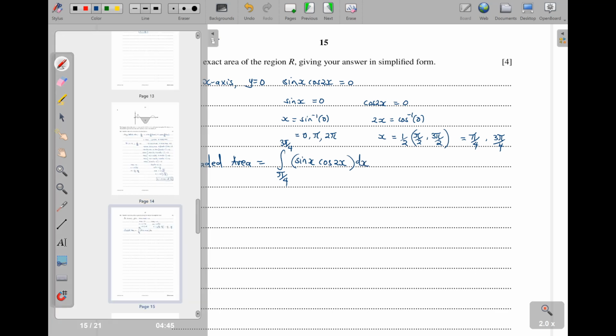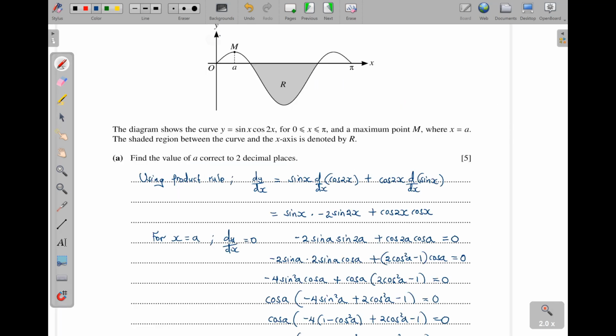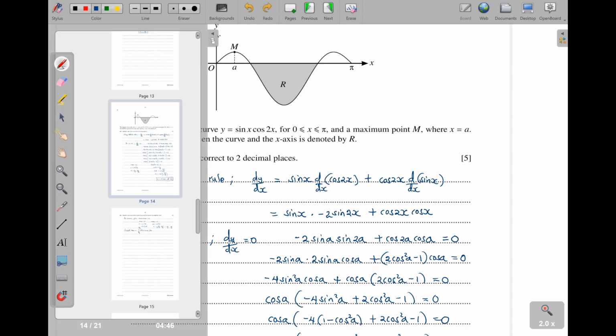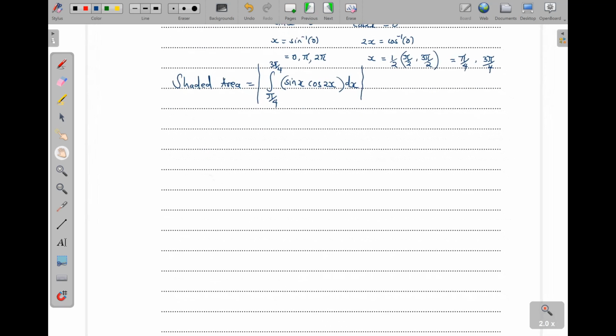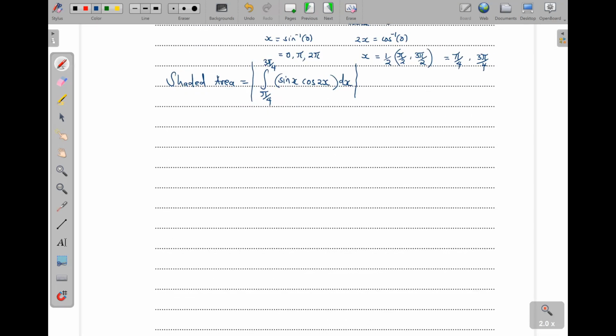And since this area is below the x-axis, when you just integrate directly, it is going to give you a negative value, but area cannot be negative, okay? So I can put the modulus signs there to make the result positive, okay?